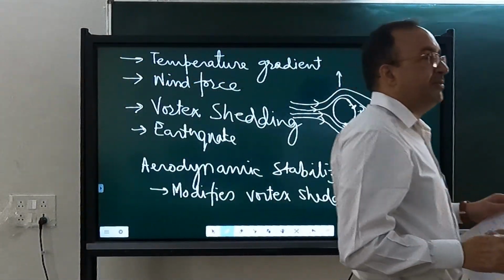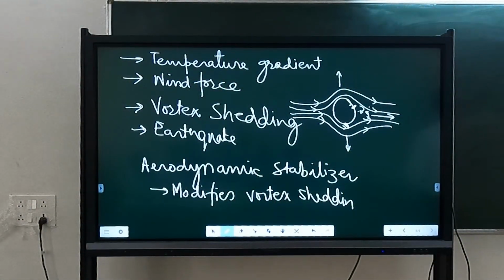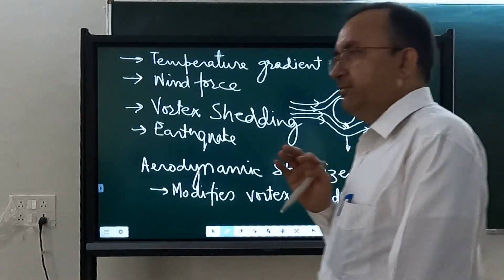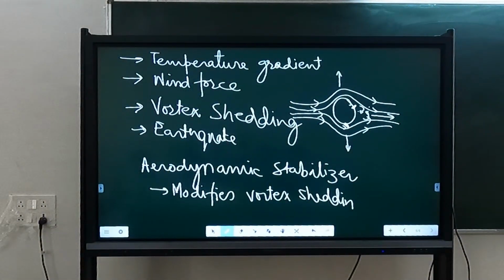So the problem of harmonic motion is there in other cases also. So I give one example. Suppose there is a bridge. You might have learned in your high school that when an army is moving on the bridge, they do not march. They break the march past.